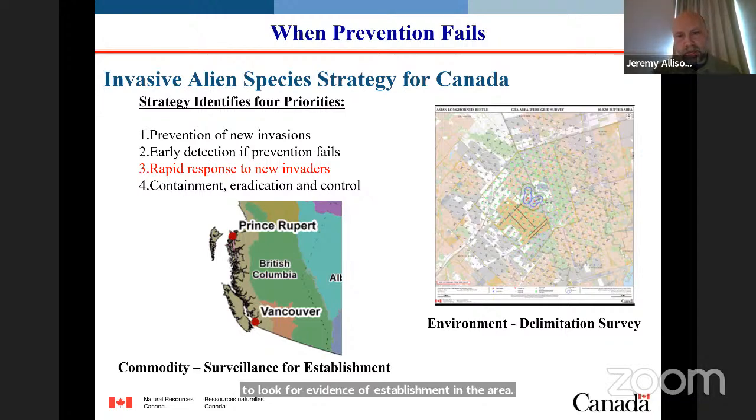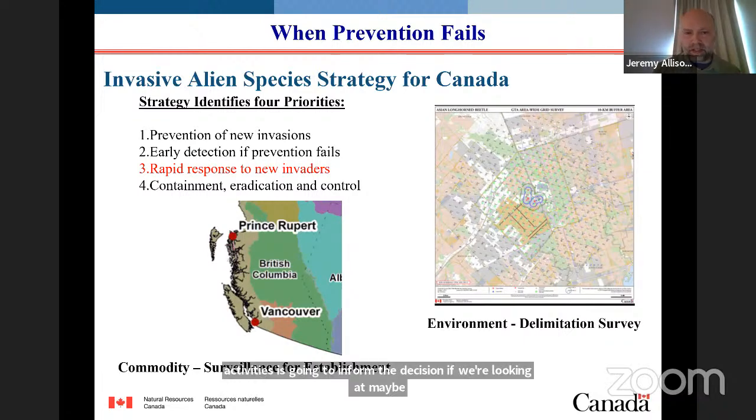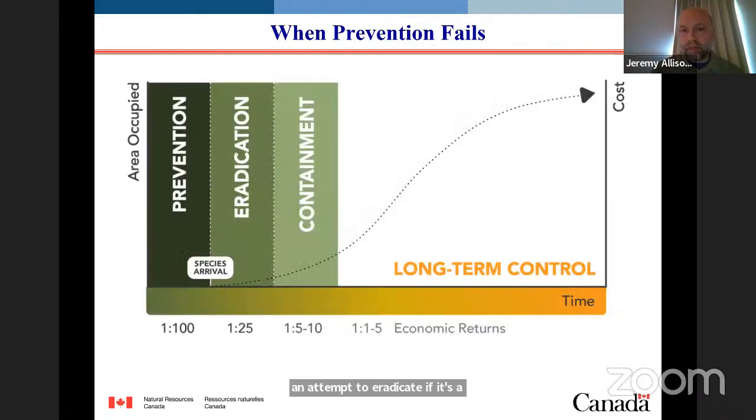If the detection happens in the environment, then they're going to do a delimitation survey to figure out the extent of the population they're dealing with. The information that comes back from those surveillance activities is going to inform the decision on whether we're looking at an attempt to eradicate, a containment issue, or long-term control.